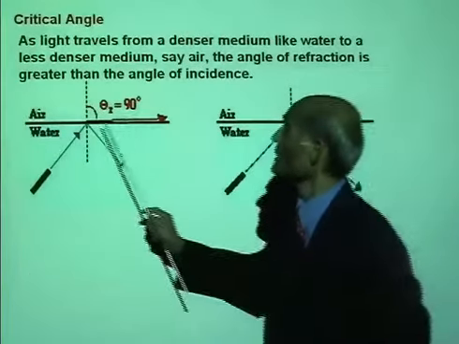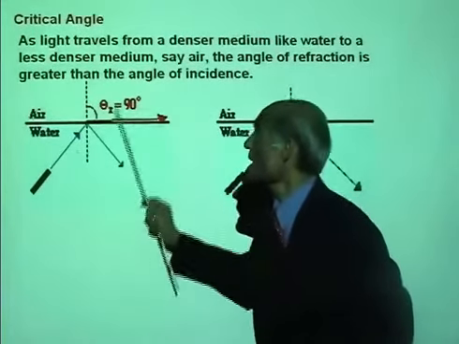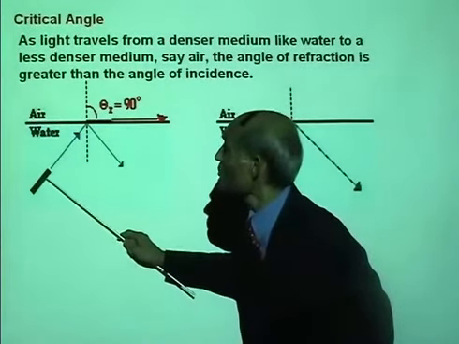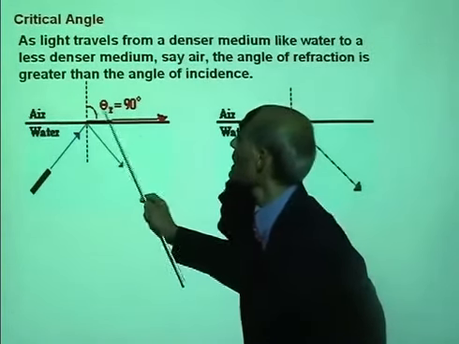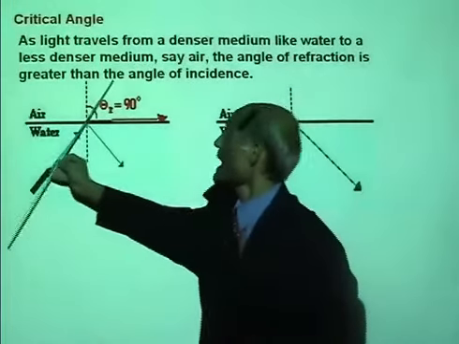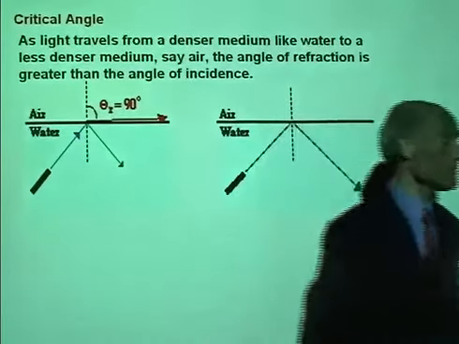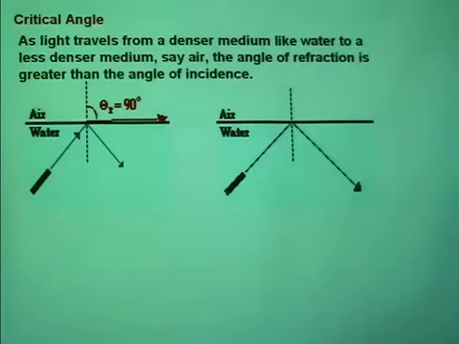And now look at this. Here I have water and this is air. As a ray of light enters from water into air, what will happen? It will bend away from the normal. Let me draw that diagram for you.